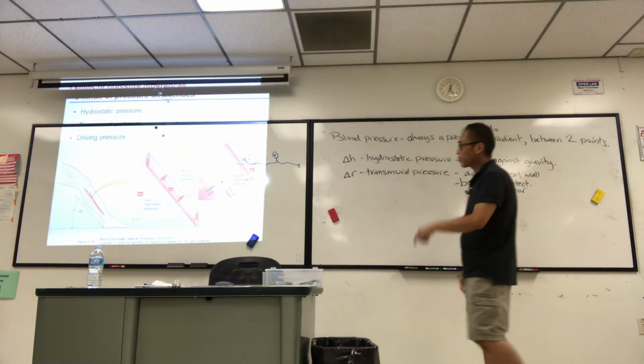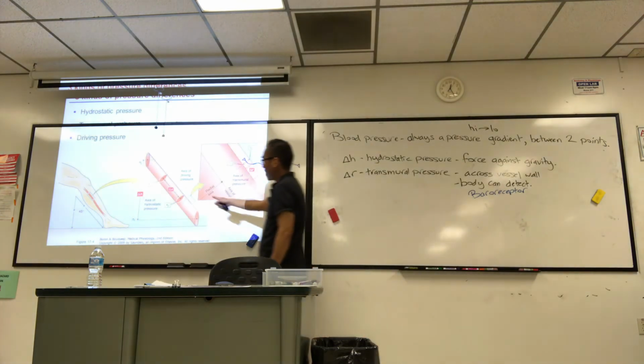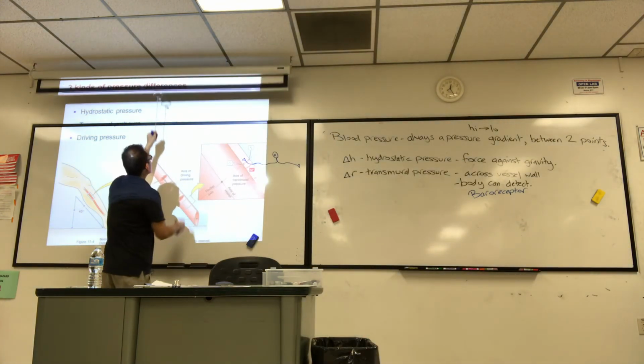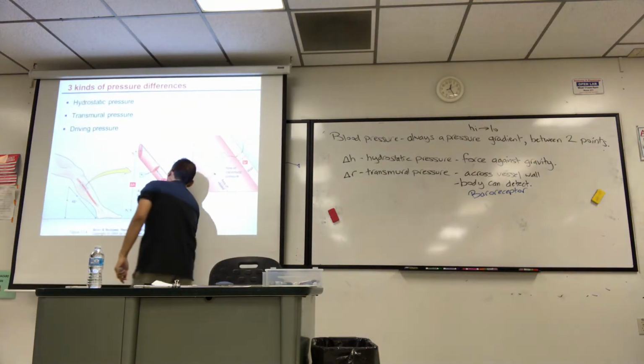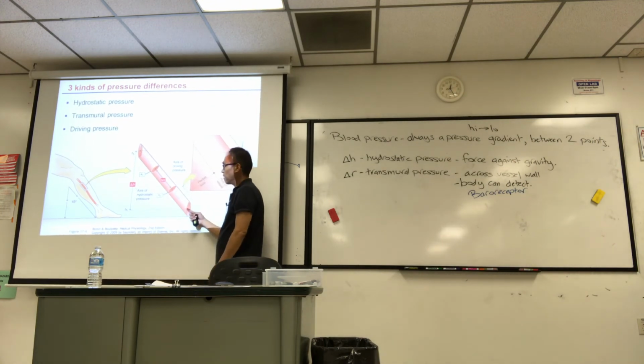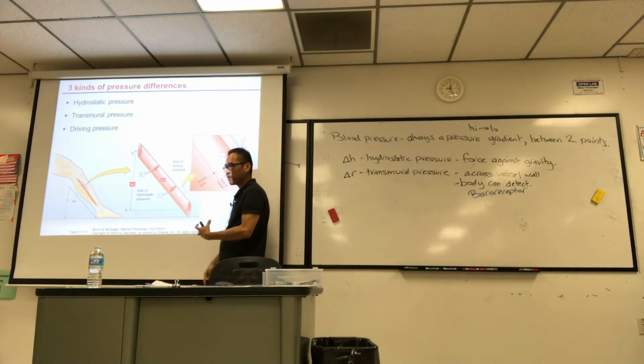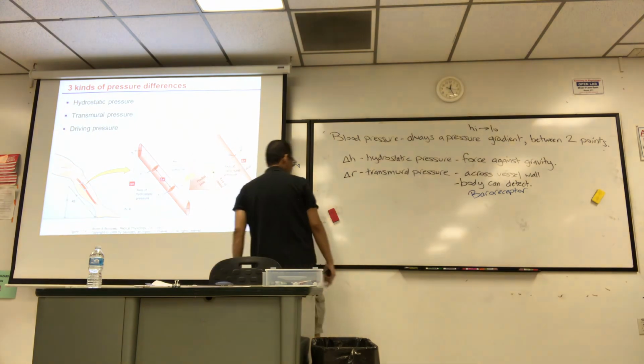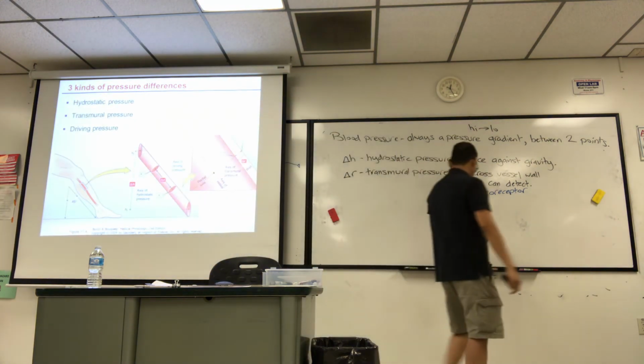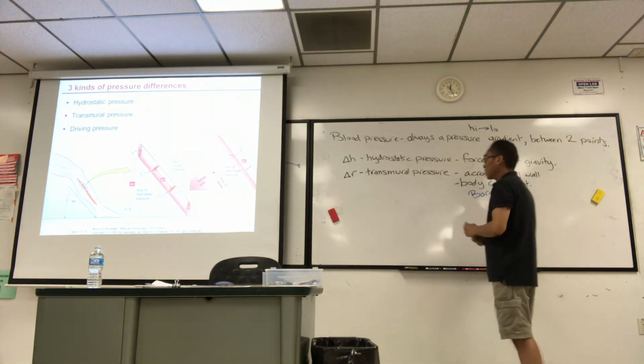All right, that third pressure, the delta X, is along the central axis of the blood vessel. We call it the driving pressure. This is the important one.